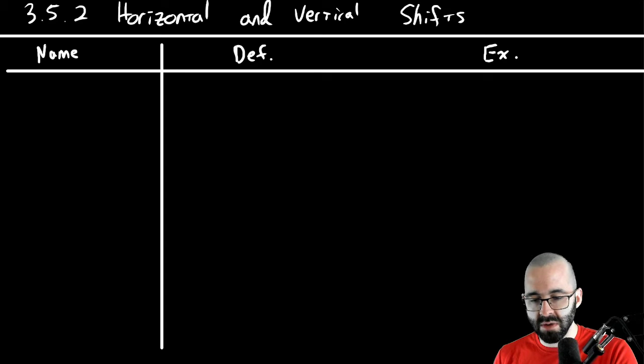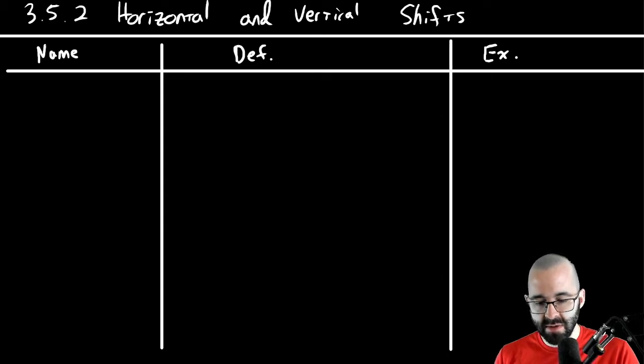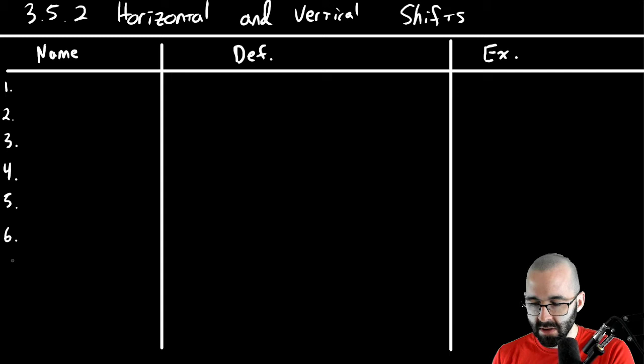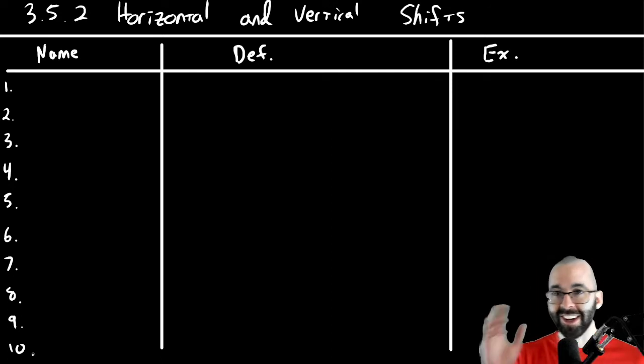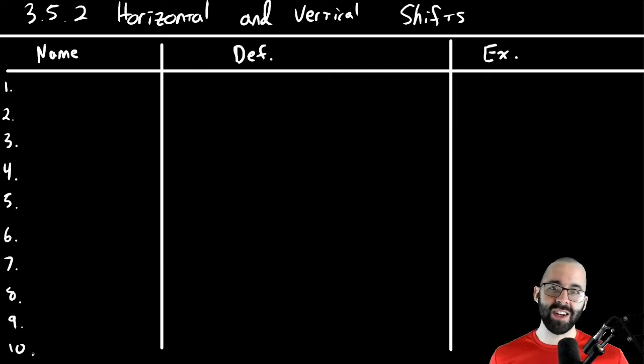I don't know if I can fit 10 rows in mine. Maybe if I write small. And we're not going to do all 10 in this video, okay? But we are going to be doing 4 of them.